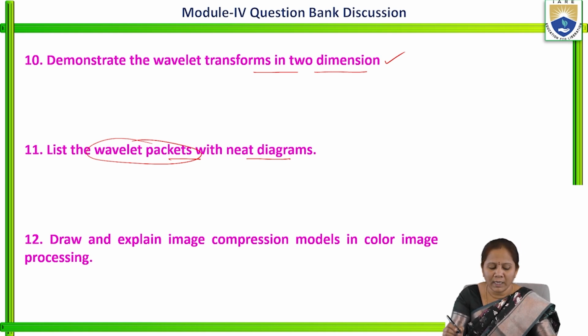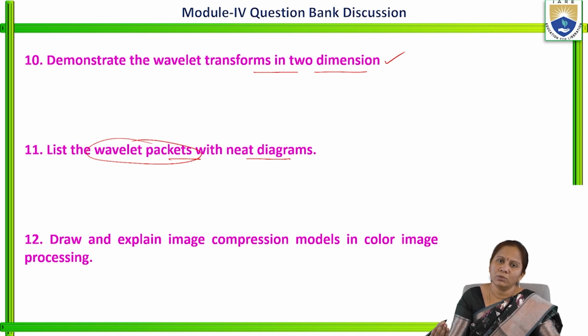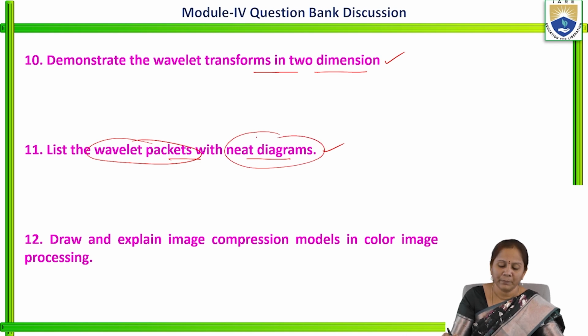And we have seen 2 scale and 3 scale wavelet transform. For the 2 scale and 3 scale, we have also drawn the trees for simplification. After that, we have drawn the spectrum characteristics by splitting. So all those things should be considered here, and all the diagrams need to be drawn.